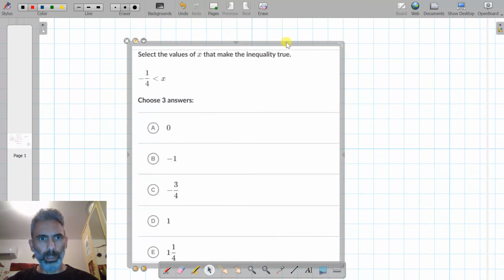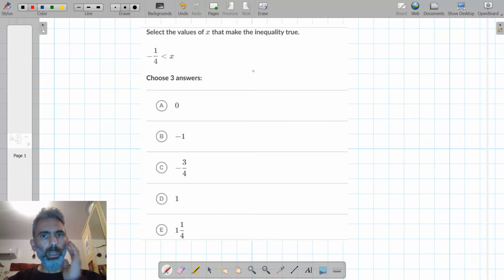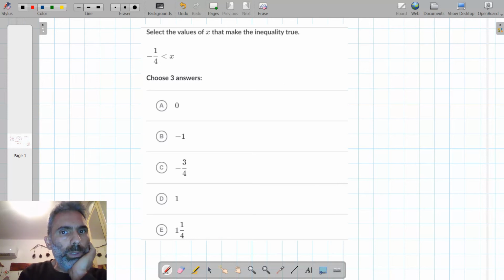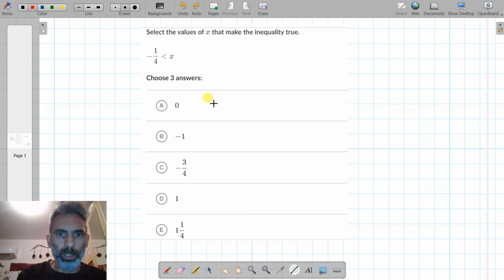Okay, select the values of x that make the inequality true. Okay, so the inequality is minus 1/4 is less than x. Okay, so let's draw, let's take a straight line here.